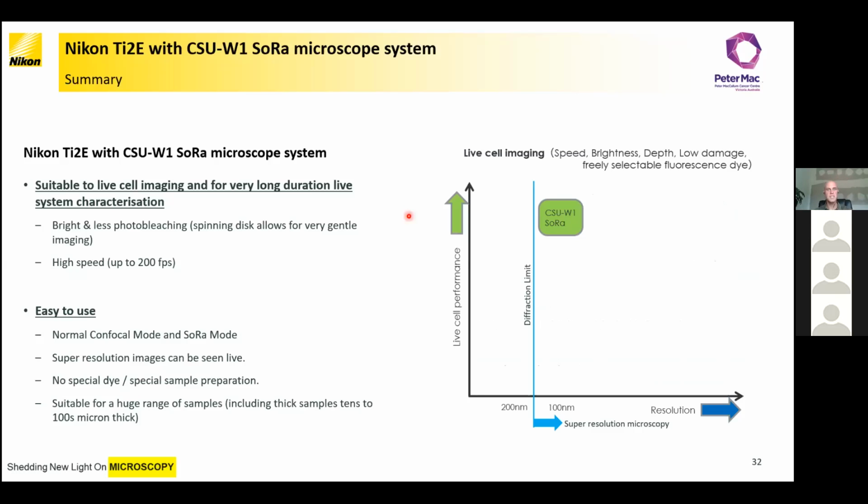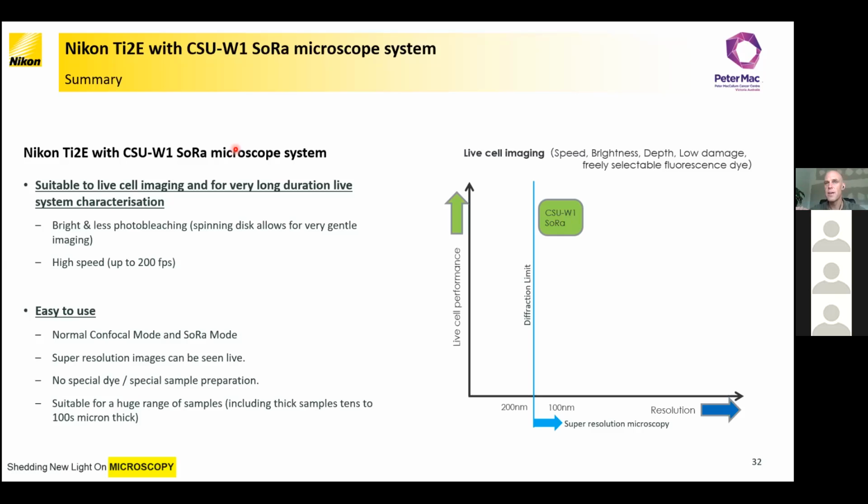Cool. So, in summary, a little bit of a recap of what we've talked about. I've lost the confocal capabilities from this slide here, but really what I wanted to get across to you today was to give you some examples of what this system is capable of doing. And the key things that it's capable of are the low phototoxicity imaging and really high speed imaging.